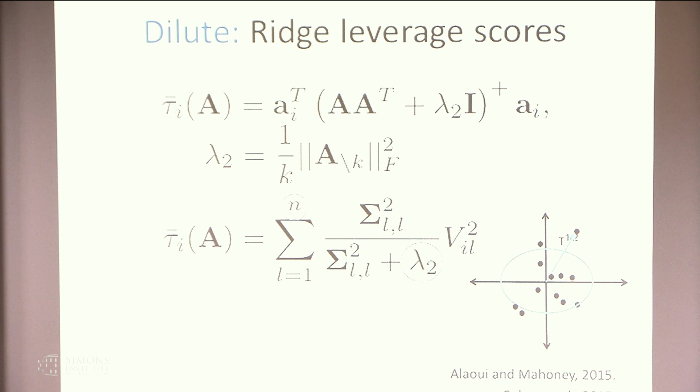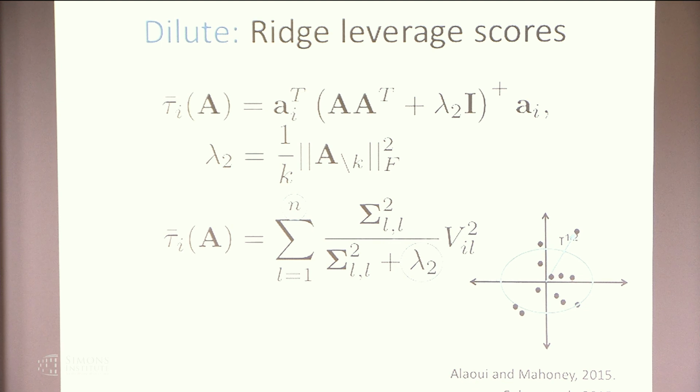Michael Mahoney and his collaborator also recognized that ridge leverage scores were very natural in the context of kernel ridge regression.